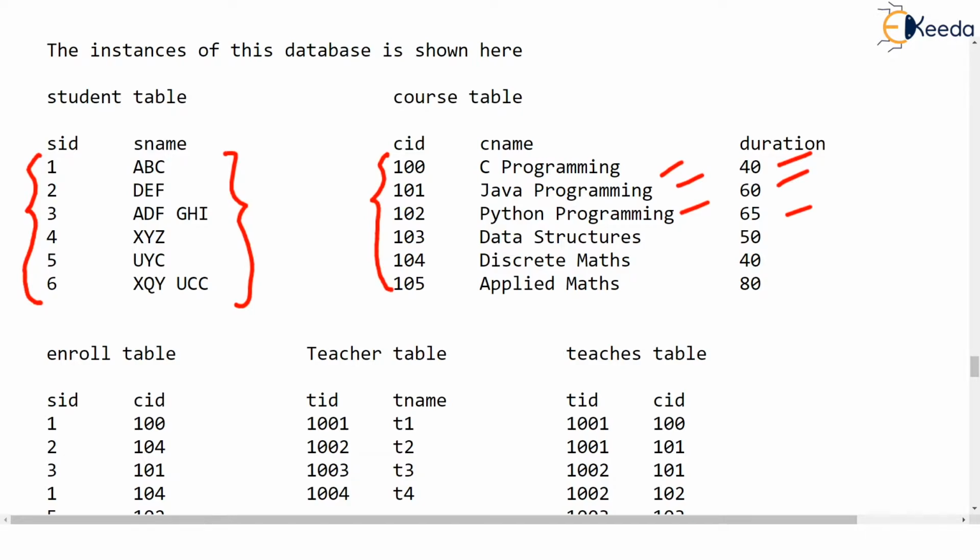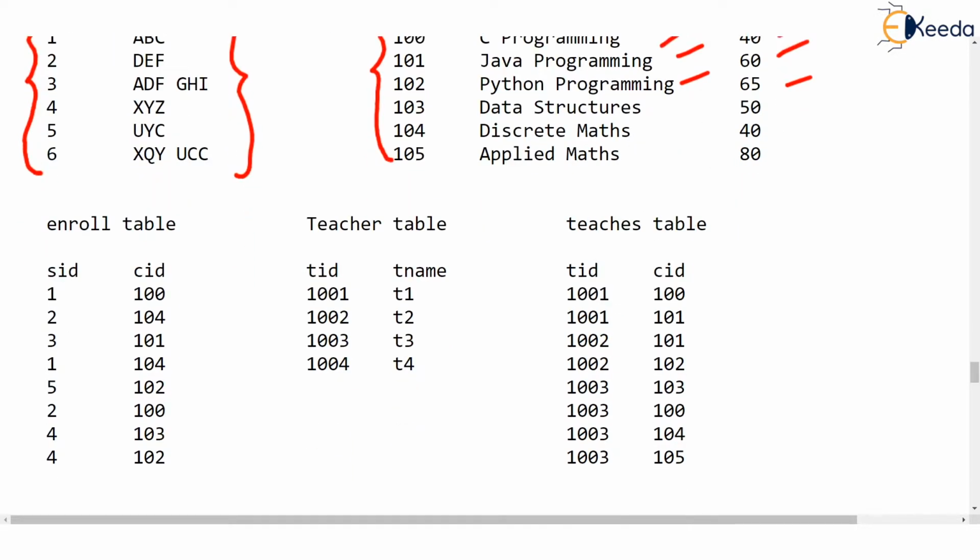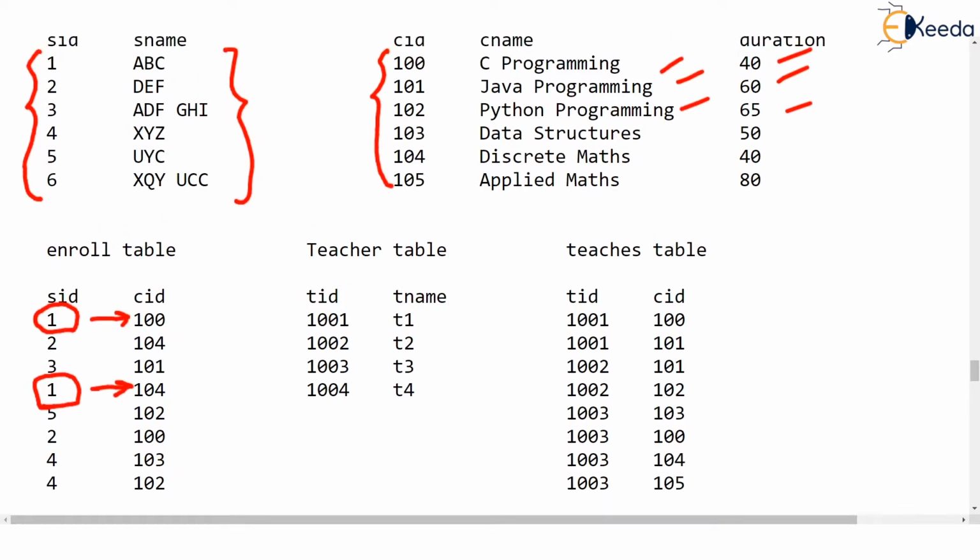Coming to the enroll table, we see that student number 1 has enrolled for 2 courses, with course IDs 100 and 104, and these courses are there in the course table. Student number 1 has enrolled for C programming, course number 100, and has also enrolled for discrete maths. Similar goes for other students in this enroll table.